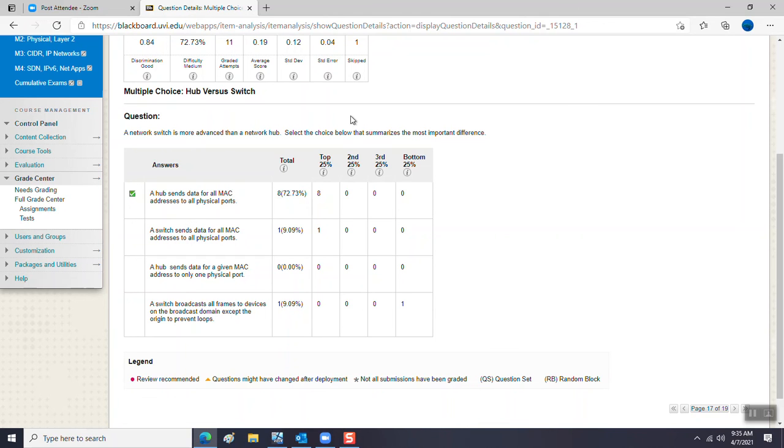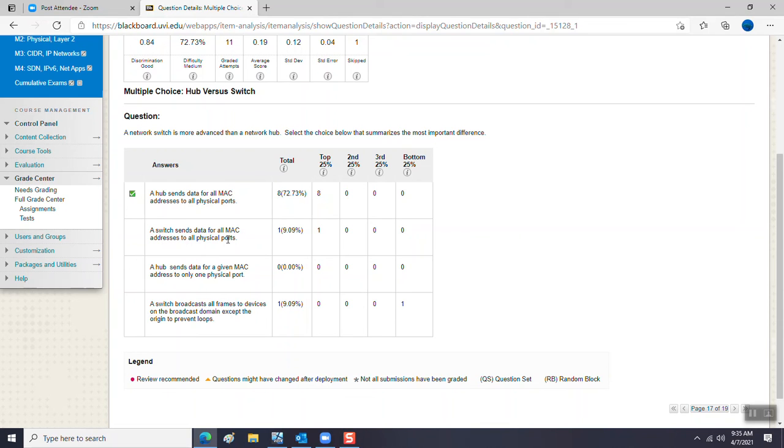A switch takes a frame based on a MAC address and forwards that to only the port that is associated with that MAC address. So it isolates and dedicates the bandwidth for each port as opposed to sharing the bandwidth across all ports. There's less contention and there's better security on a switch.